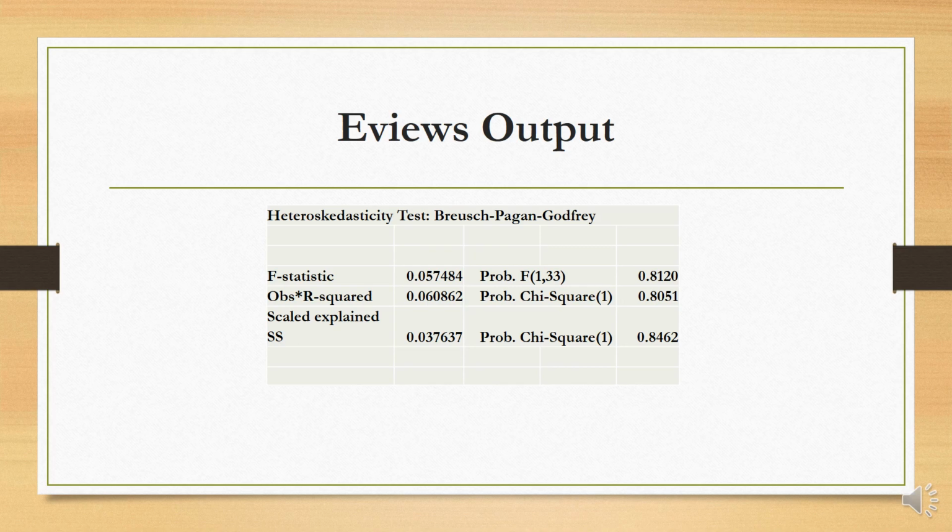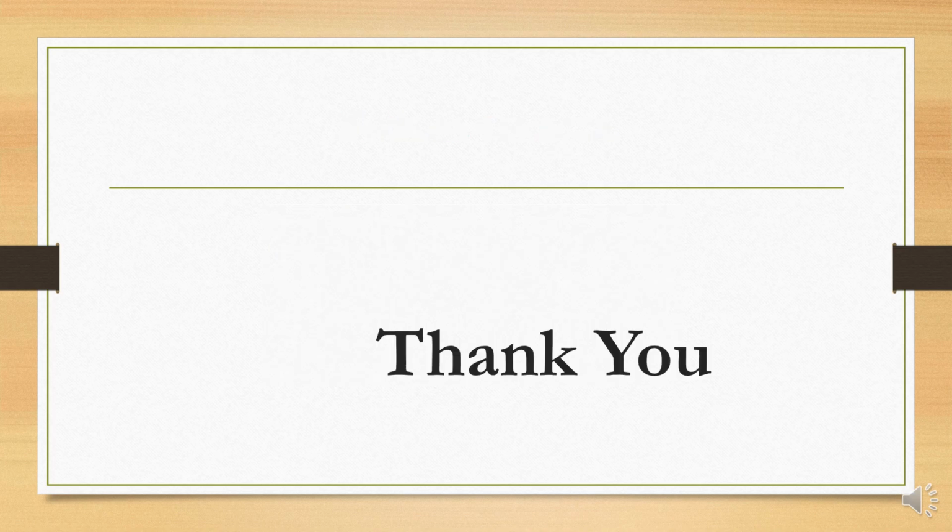So here is the EViews output of the heteroskedasticity test, the Breusch-Pagan-Godfrey test, the F test, and observations times R squared. This is the probability, the chi-square as well. Thank you.